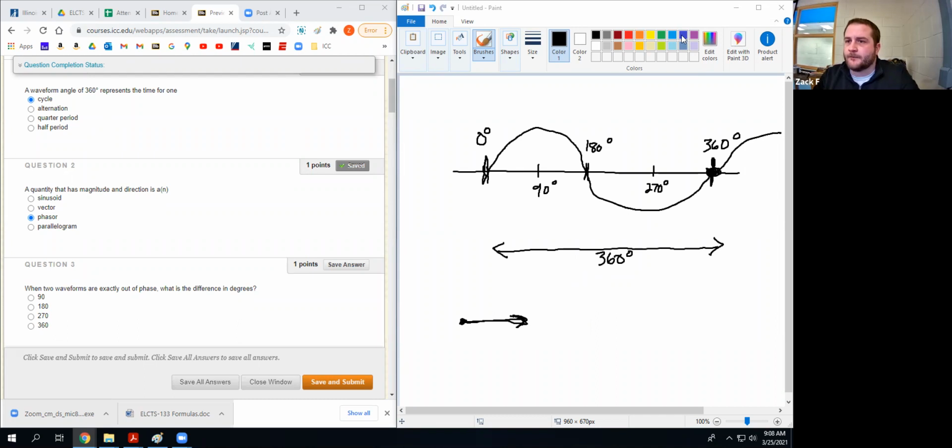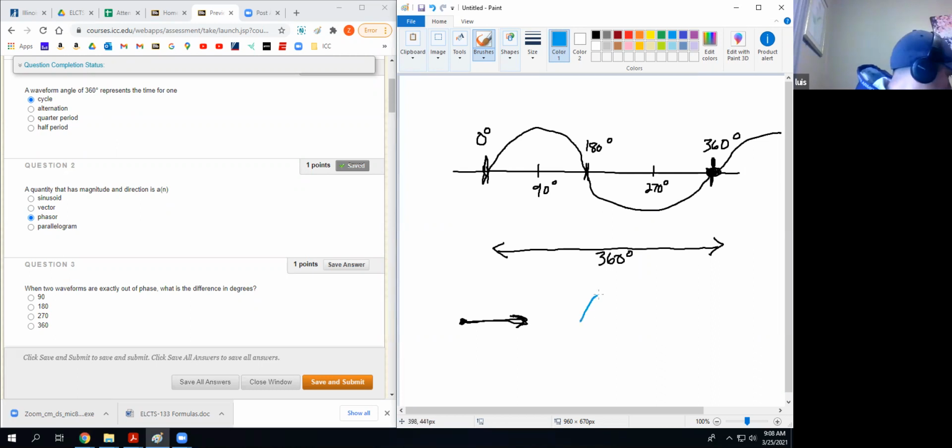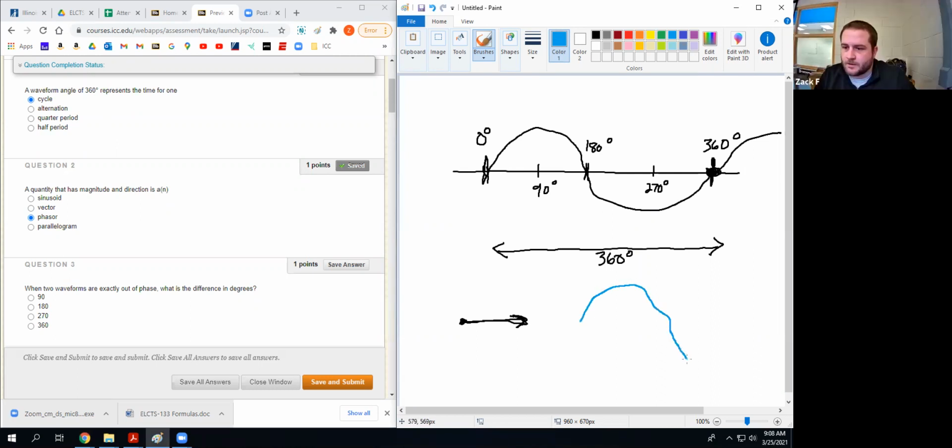You guys have, in your home, what's the voltage you get when you plug something into the wall? What is that voltage? 120 volts. Here's the sine wave for 120 volts. That value is actually the RMS value. It's somewhere in here. We'll talk about that in a minute.